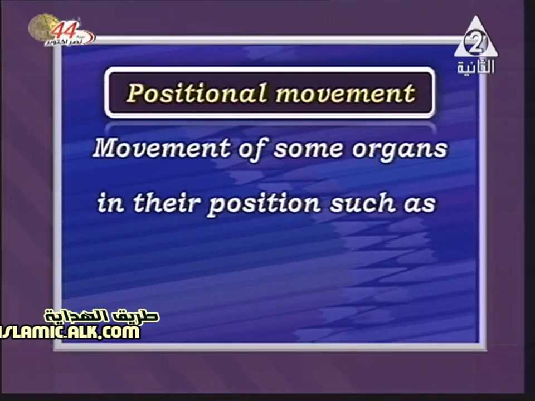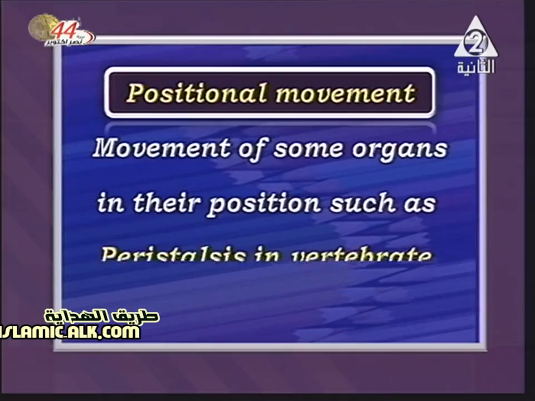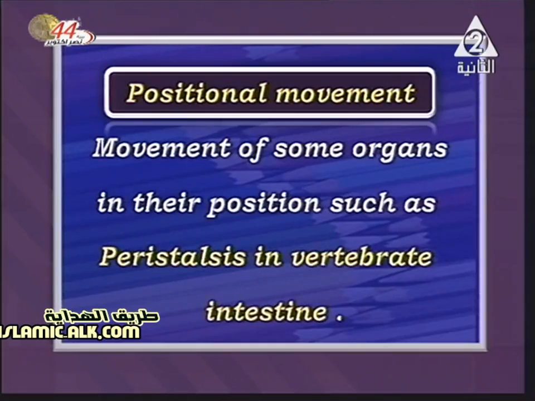Movement of an organ or some organs, like the peristalsis in the vertebrate intestine, the movement of the small and large intestine inside your body to move the food from one part to another. It is considered a positional movement, while the circulation, the cytoplasmic streaming inside your body cells, is called continuous movement.